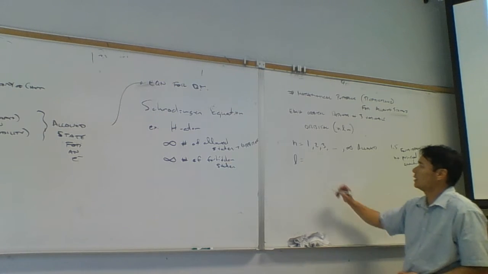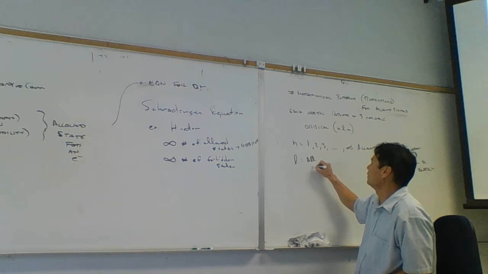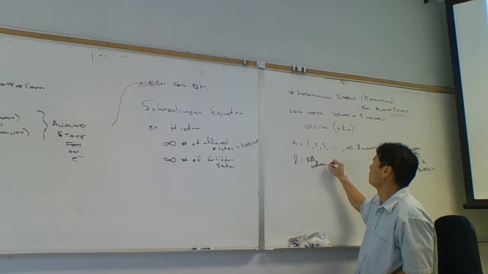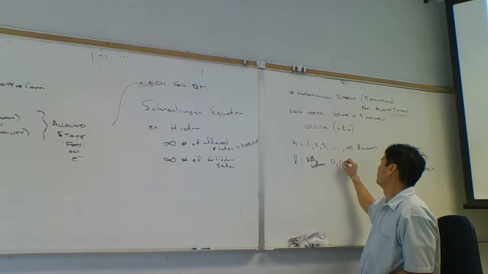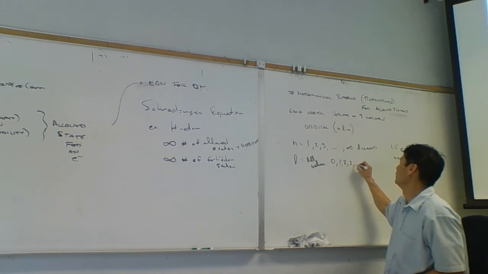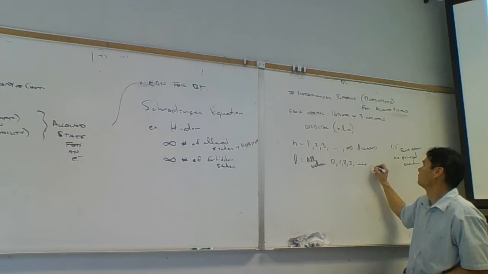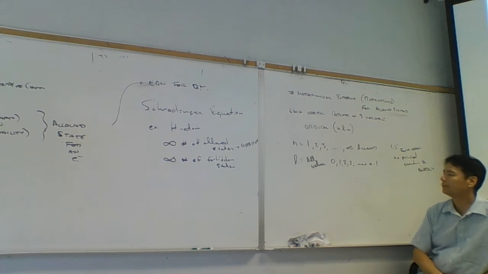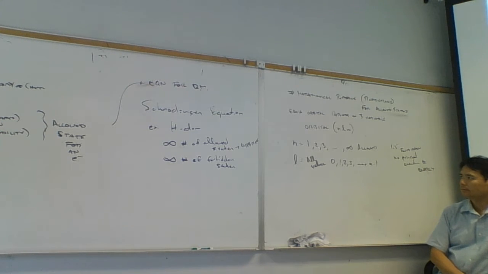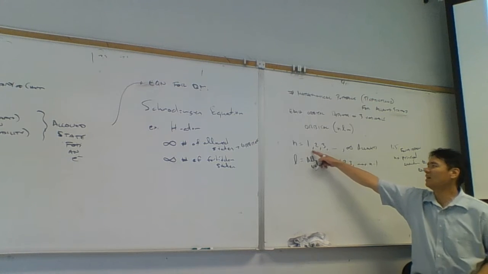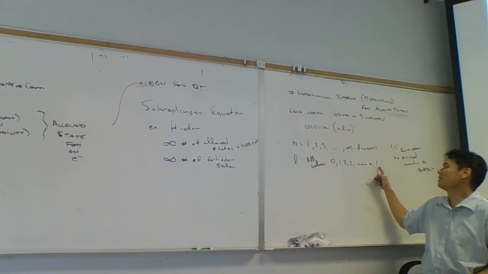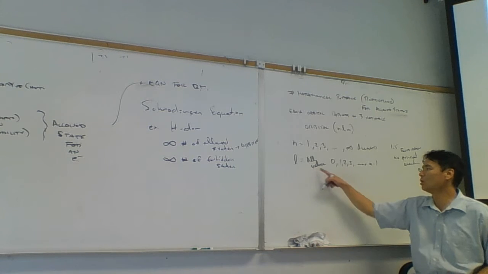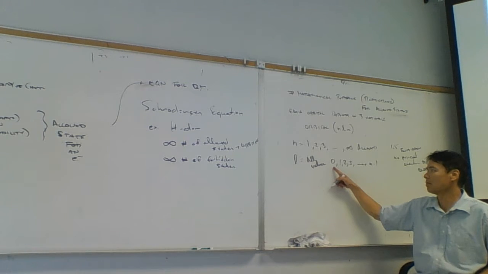l is going to take on all values from 0, 1, 2, 3, up to a max of n minus 1. So for example, if n is equal to 1, then n minus 1 is 0, and we're only allowed one l value, which would be 0.